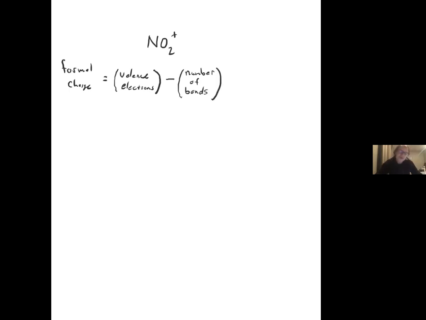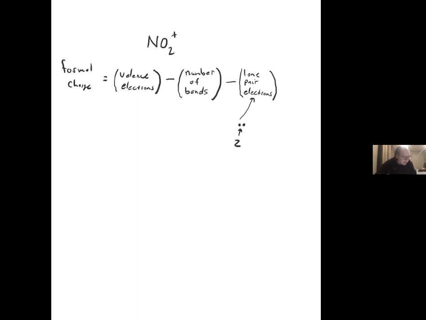But in some structures, for example NO2 plus, you may need to do one more step, which is then you subtract lone pair electrons. And I'm going to point out that a lone pair has 2 electrons. So you're just going to do one more step, which is subtract one more number.